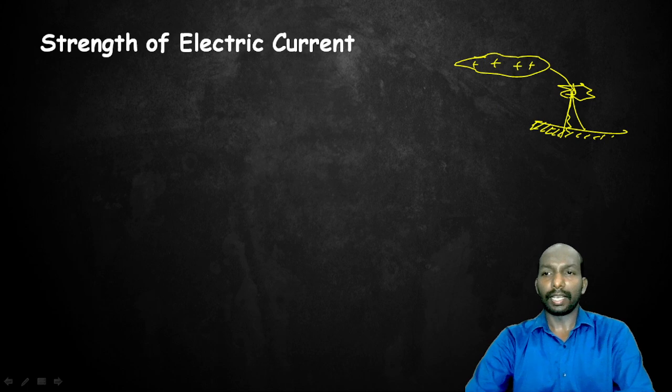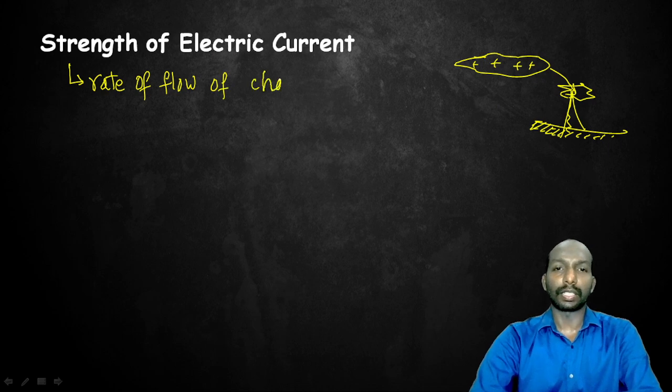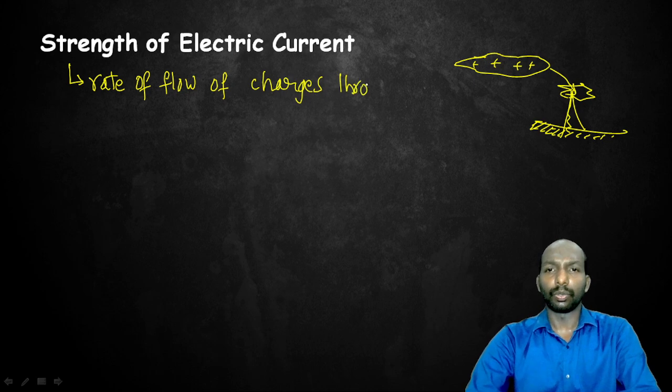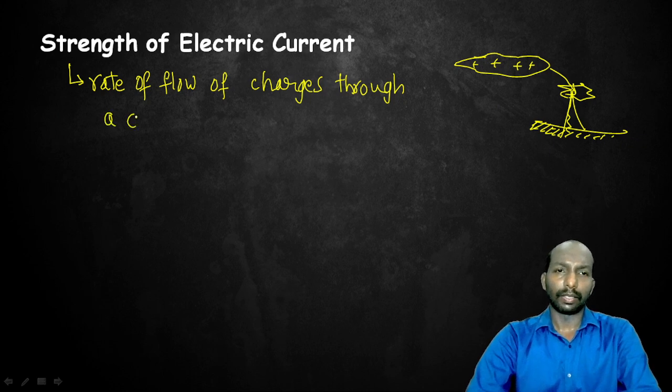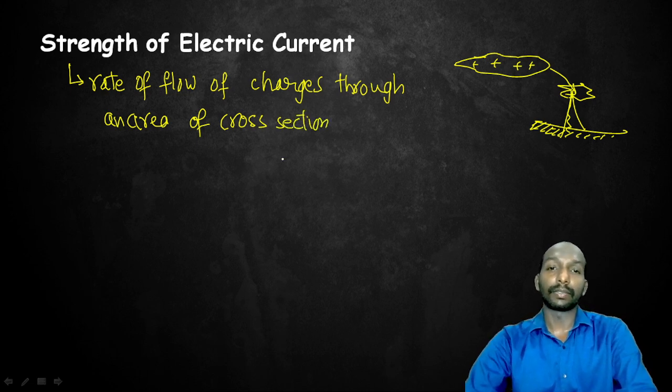So electric current means the rate of flow of charges through an area of cross section.